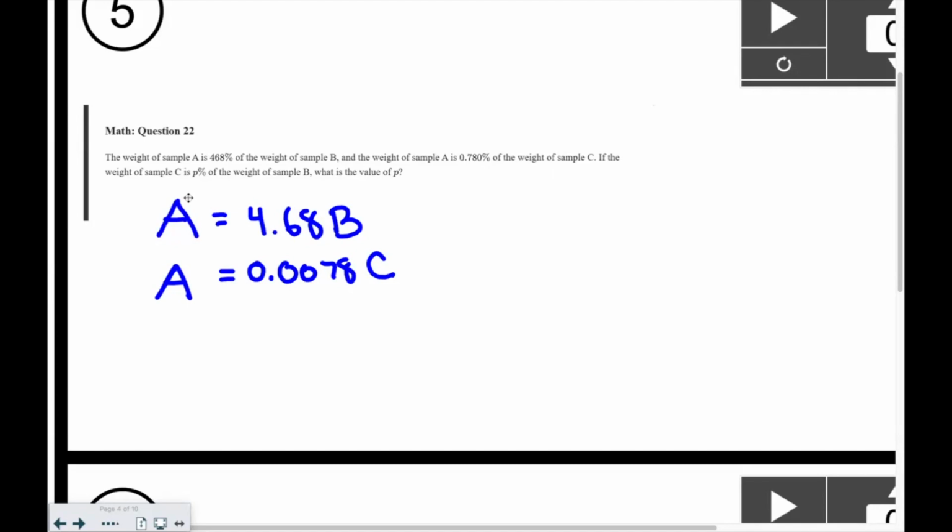And then what I want to end up doing is an equation that has C in terms of B. So the first thing I'm going to do is just set these equal to each other to get rid of A. So that means 0.0078C is equal to 4.68B.